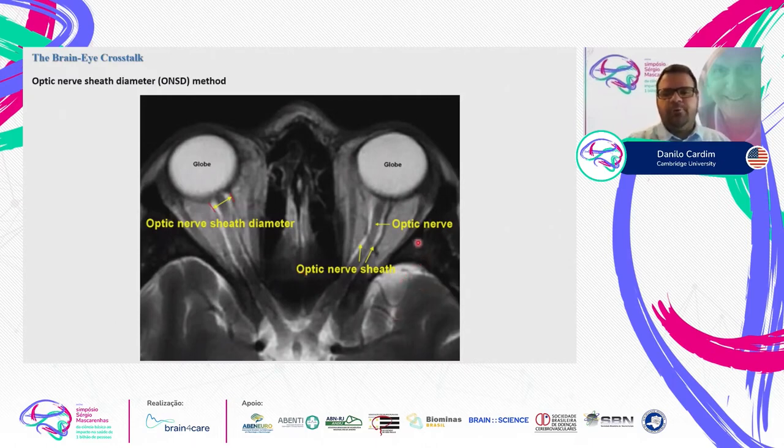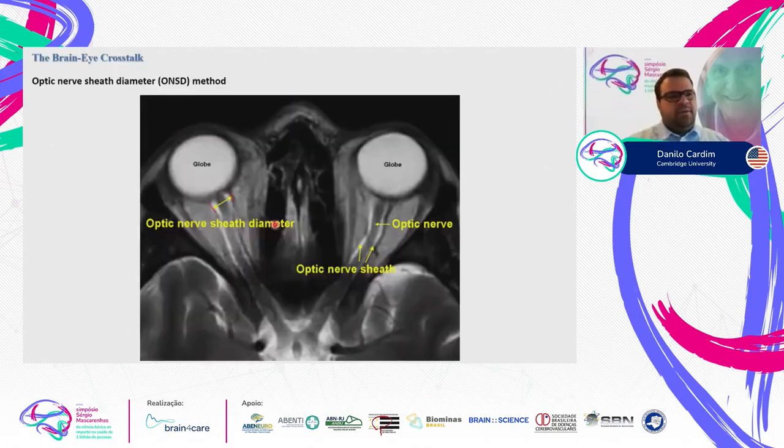For example, here we have the optic nerve. We can even observe the optic nerve sheath, and then we can measure with software the caliber of the nerve, the optic nerve sheath diameter. So the optic nerve sheath diameter, ONSD, is a method that takes advantage of this brain-eye crosstalk.